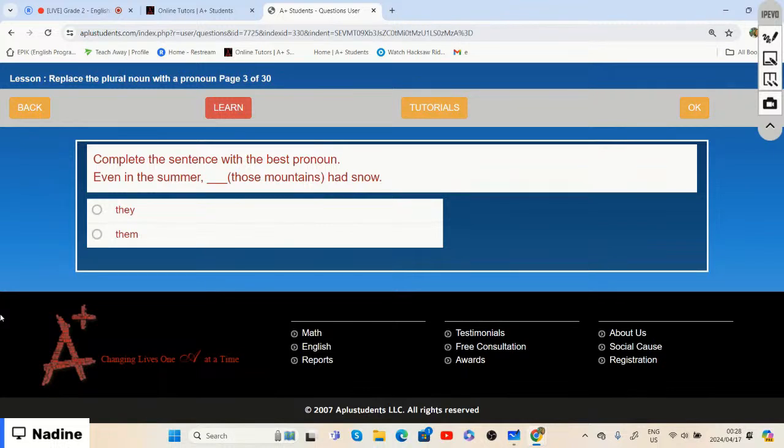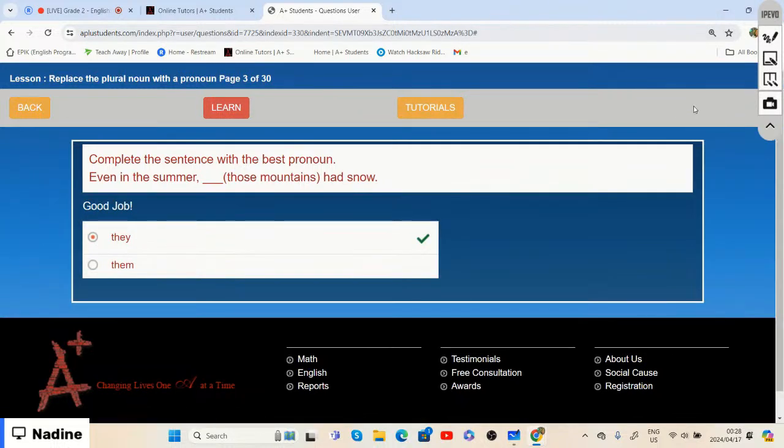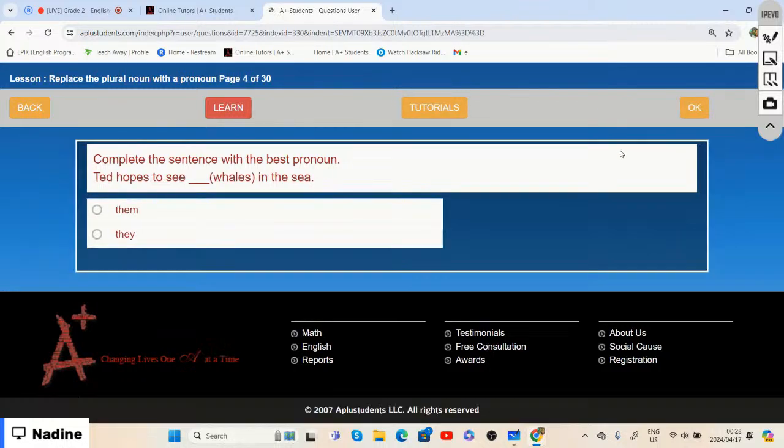All right. Then if we choose the base pronoun, we can say even in the summer, they had snow, right? They, which refers to the mountains, those mountains. And they is correct. Well done, everybody.